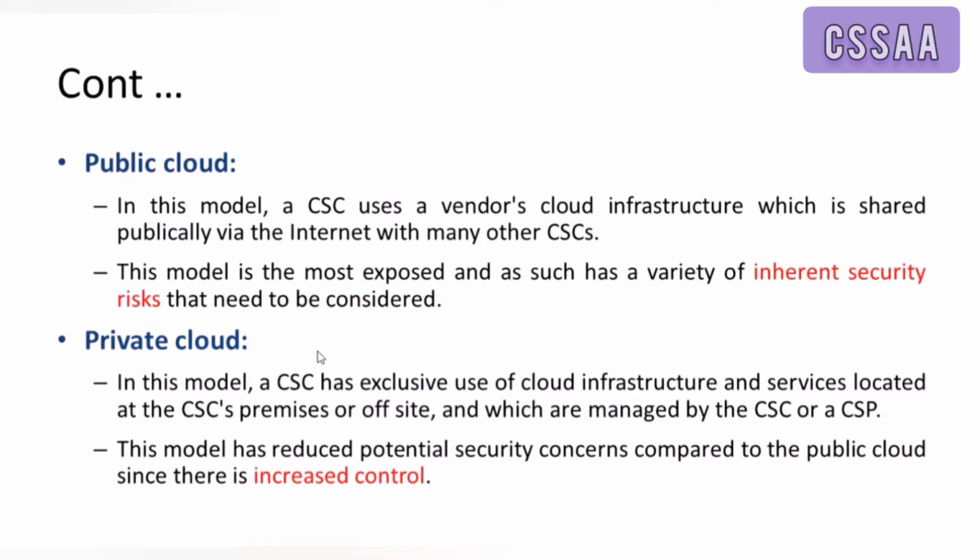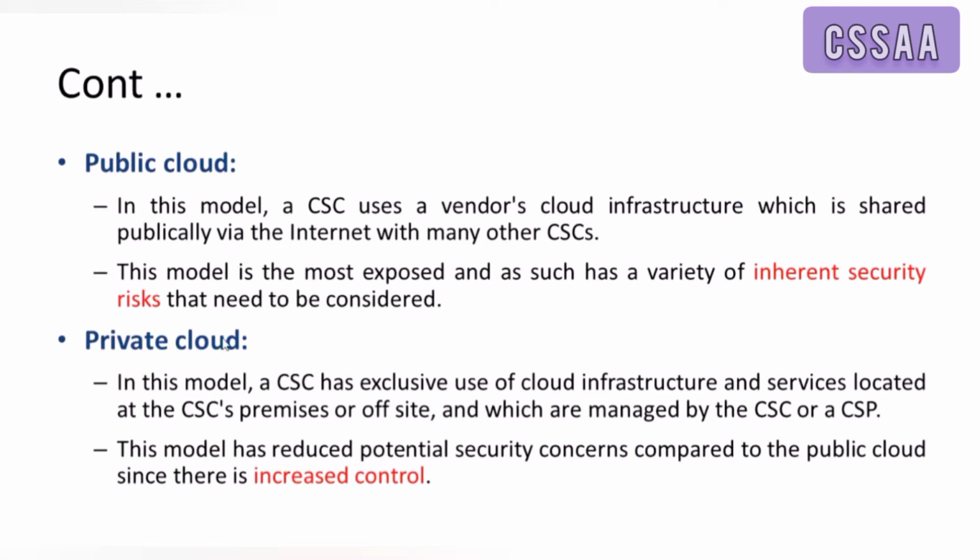That infrastructure can be shared between different cloud service customers, and they can also use the internet. This is the most exposed model. When it is exposed, there will definitely be some inherent security risks, and we need to consider those risks also.